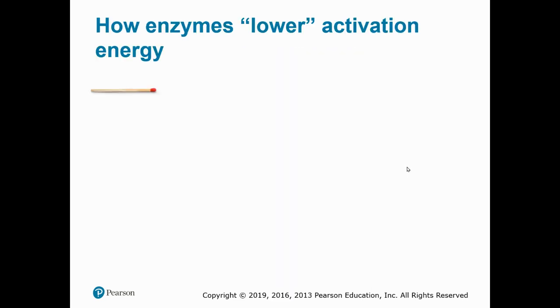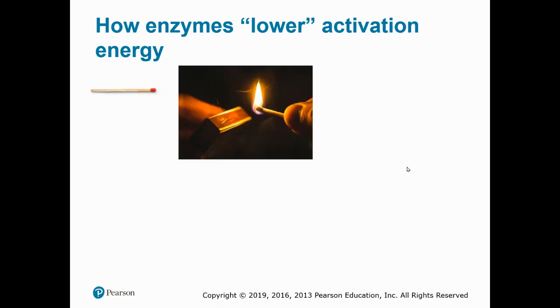So let's look at this enzyme here real quick. When you're striking a match, you're rubbing it on something, right? And that creates heat. This creation of heat is what causes the match to strike.